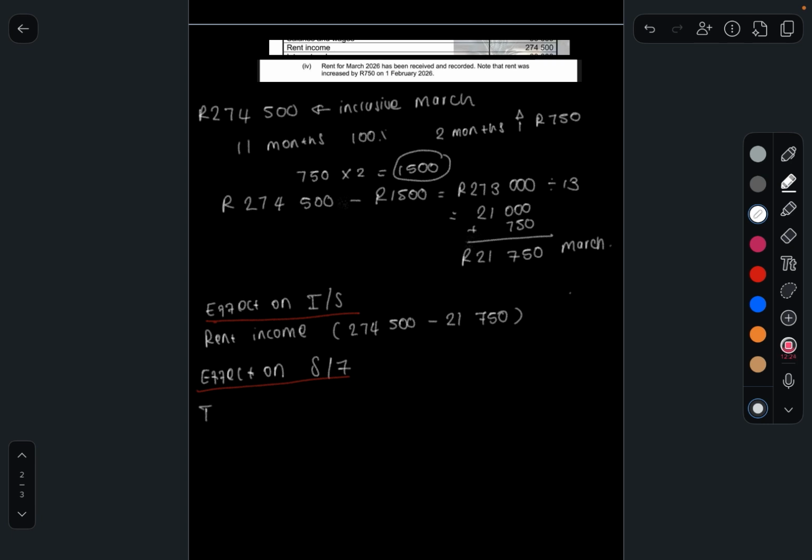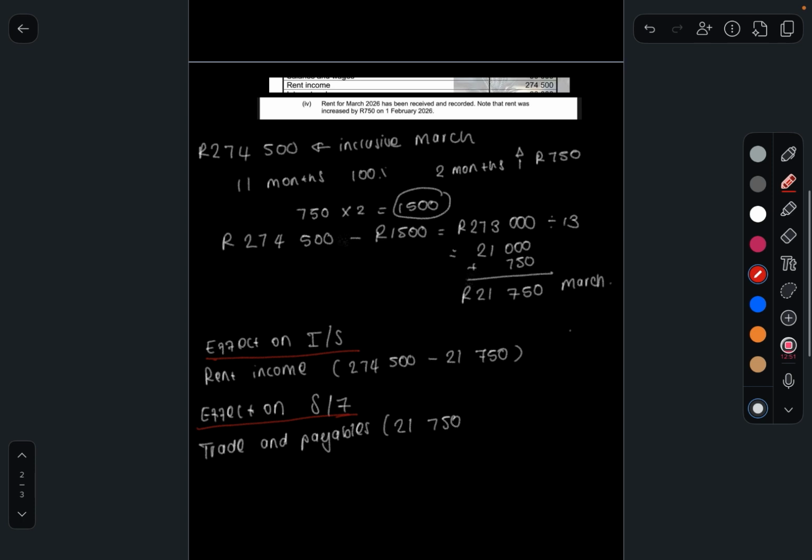Under trade and other payables, which are current liabilities, you're gonna add this 21,750 for March, right? Because it's payable. They might demand it anytime because they haven't used the space yet, right? So we might pay it anytime back because they haven't used the space yet. And that's it. That's it for this transaction.